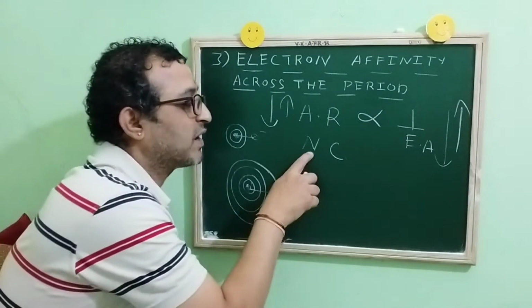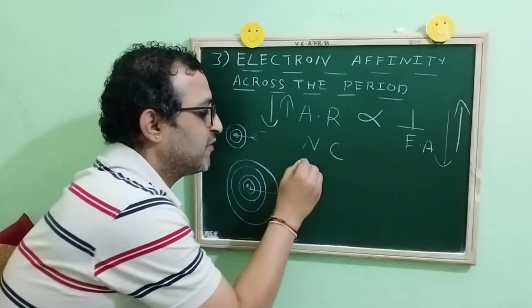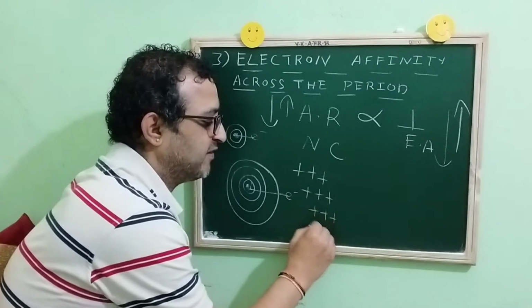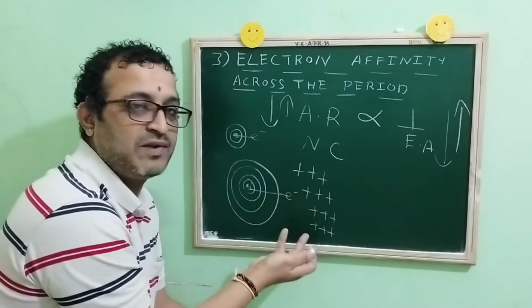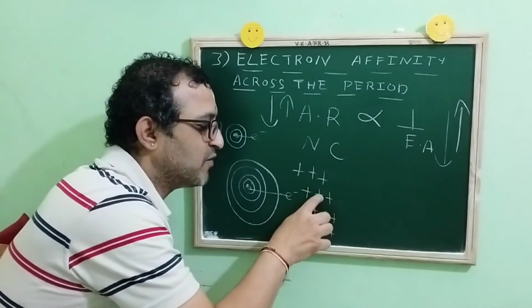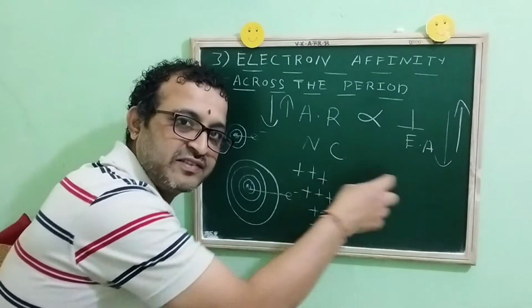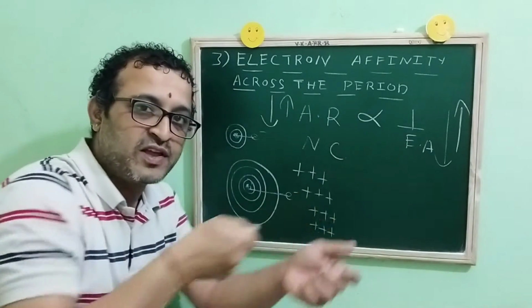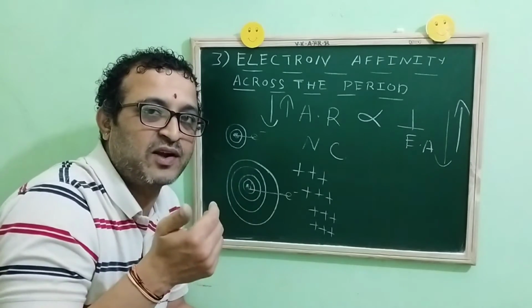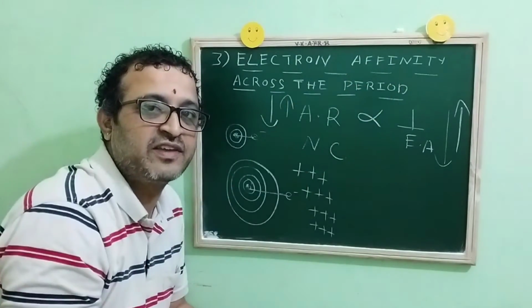Now, children, one more factor. What is that? Nuclear charge. We all know that as the nuclear charge increases, the force of attraction between the nucleus and the electron is more. So, it will pull with greater force, then it will accept the electron readily and it will release more energy.